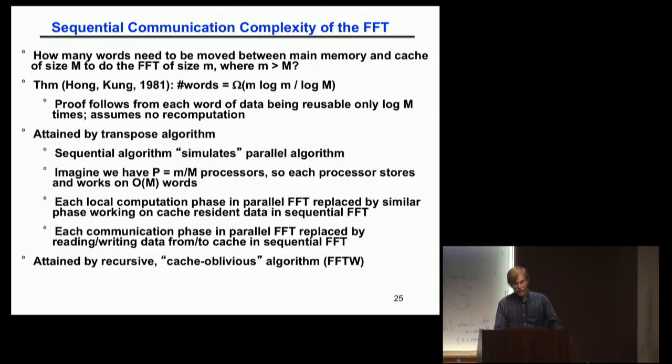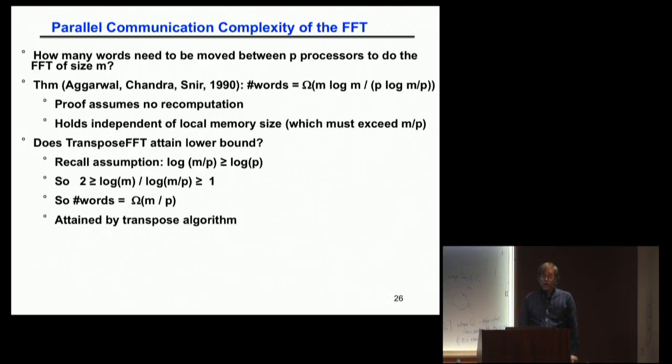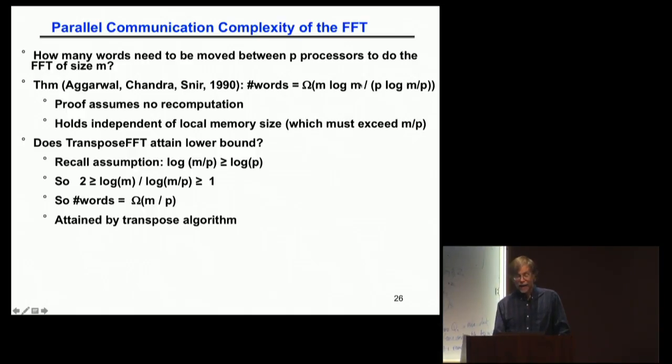Okay, that's enough of the sequential case. So let me talk about the parallel case. So what is the parallel cost? This was a theorem that came out about 10 years later. And they said that no matter how much memory you have, there's a lower bound on how much data has to move between processors. And it's lower bounded by, again, the number of flops assigned to each processor, which is m log m divided by p. Can't do better than that.